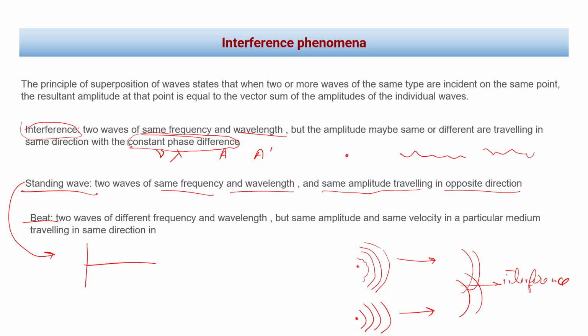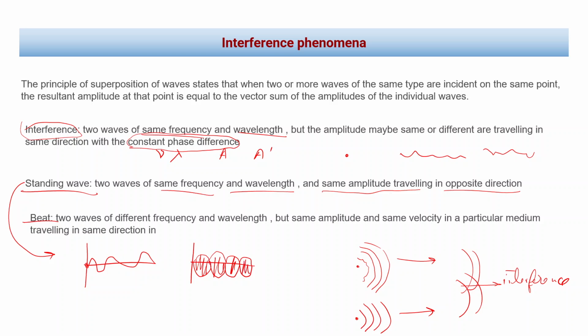So what happens for a standing wave? If you take a string and attach one end somewhere, and then give it a tug or push it up, you will see something like this. When this ripple or disturbance reaches the end, it comes back, and in that case you can see this kind of disturbance, as if the wave is not traveling, it's just going up and down at these positions.